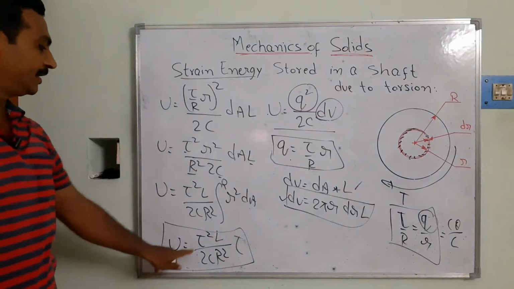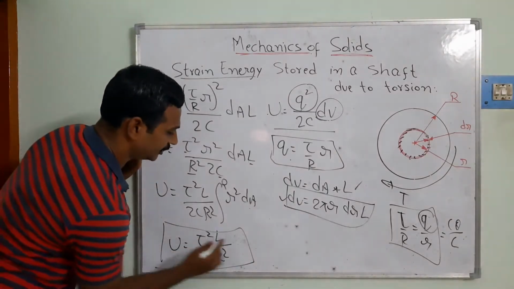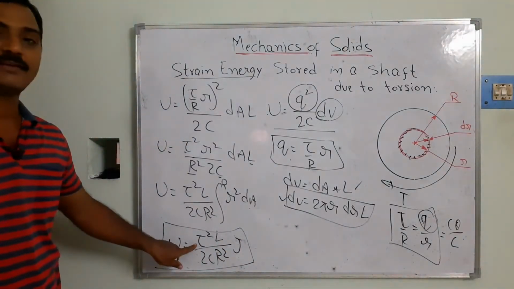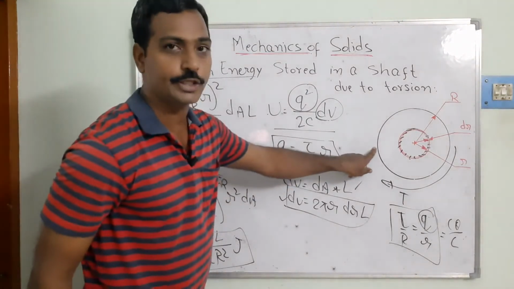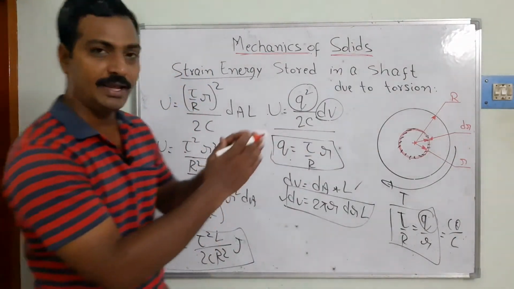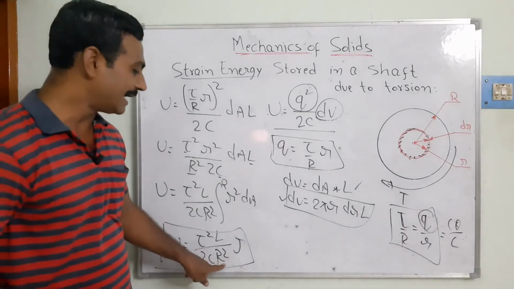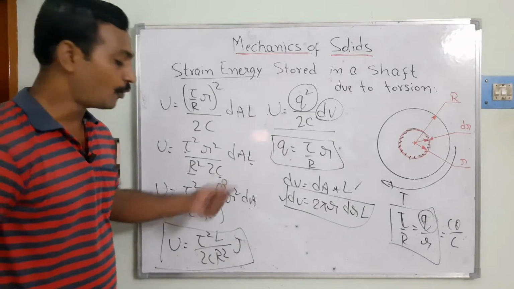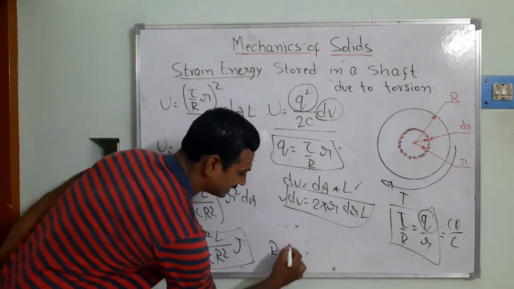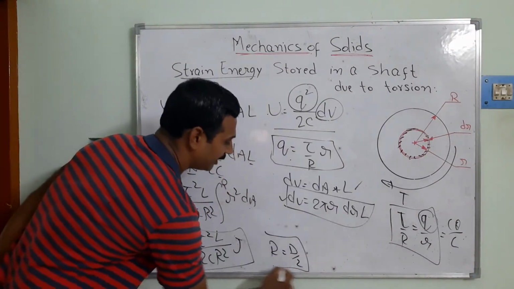Now in this case, tau is the shear stress acting on the outer surface of the shaft, L is the length of the member, C is the modulus of rigidity, and R is the outer radius, that is D by 2 for the solid shaft.